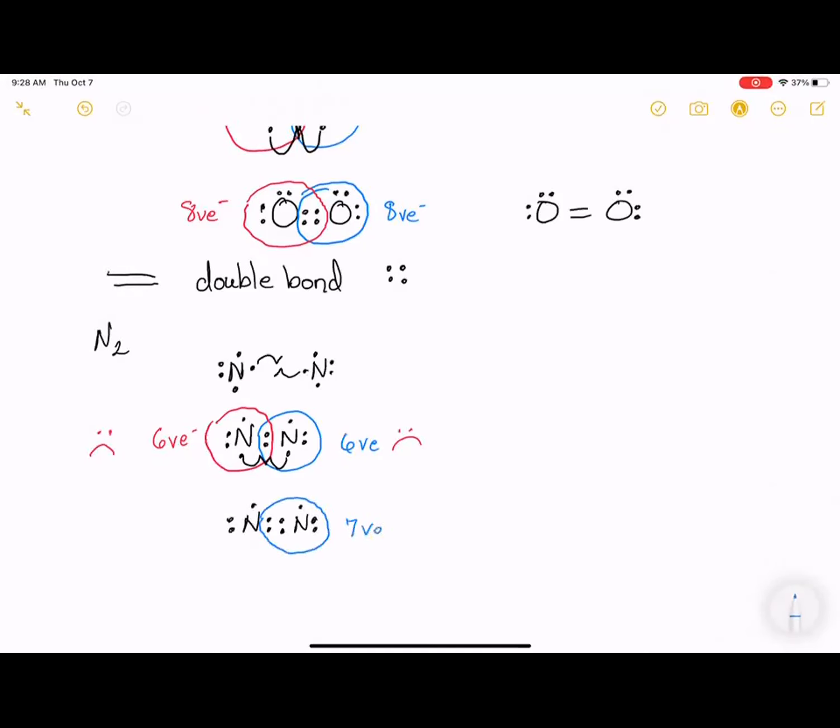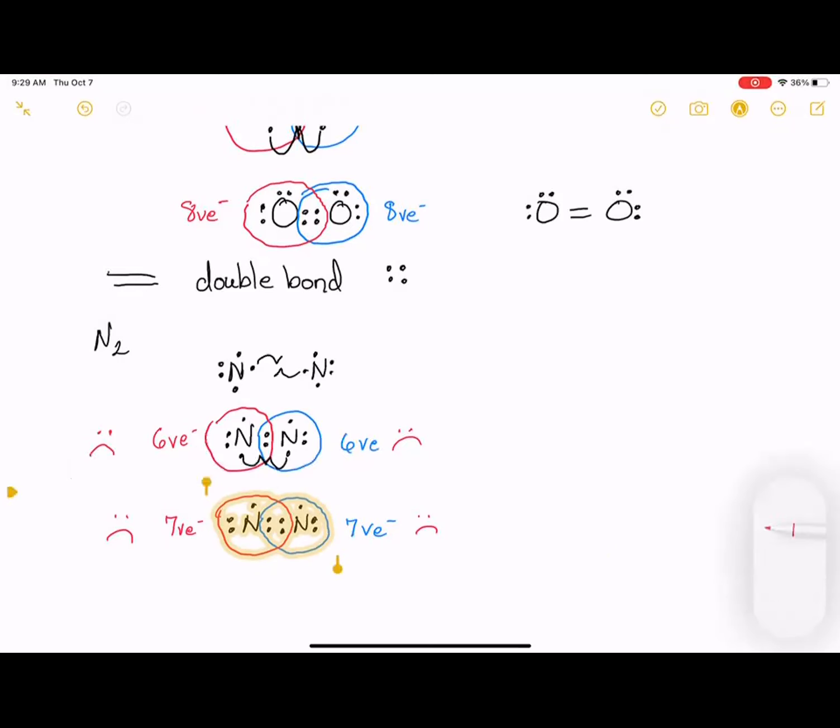Well, that's 7 valence electrons. And the other nitrogen also views it as having 7 valence electrons. Again, not happy, because only hydrogen and boron can have anything less than 8.